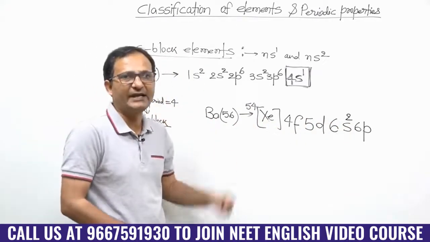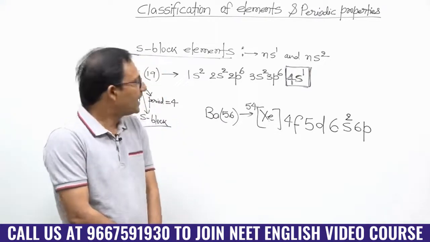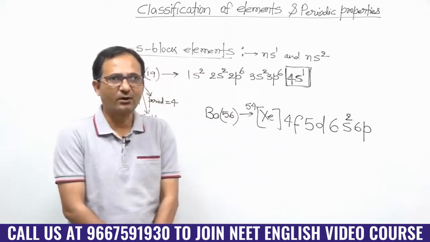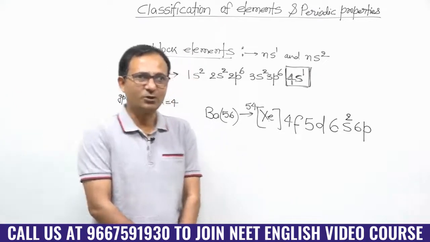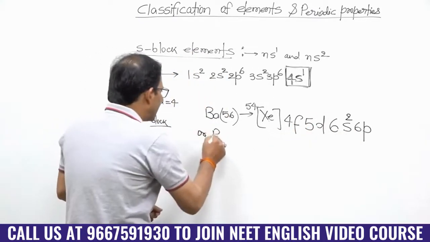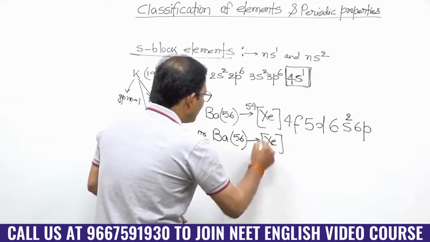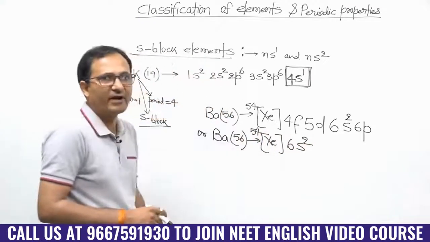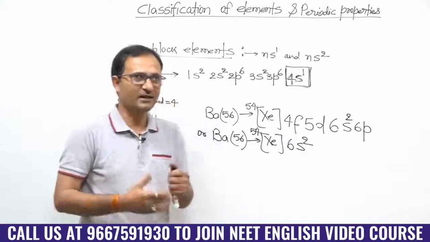So we have to complete 56 electrons, and we completed. So here 4f, 5d and 6p subshells are not getting any electrons, therefore there is no need to write these subshells here. Therefore we can write it as barium 56, xenon 54, 6s2, right? We will write those subshells only which have electrons, right?